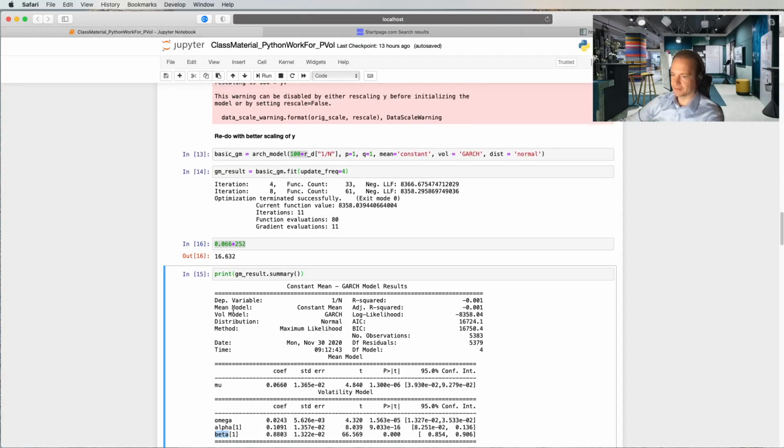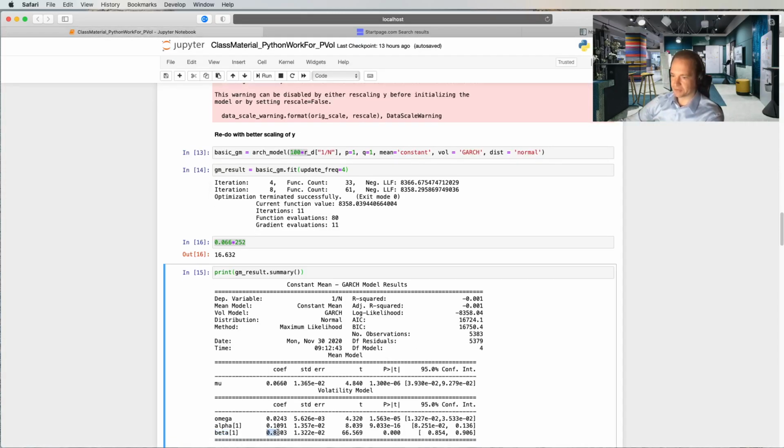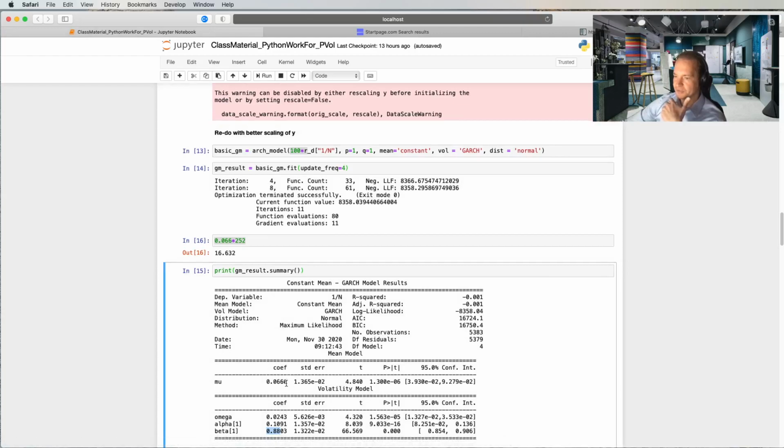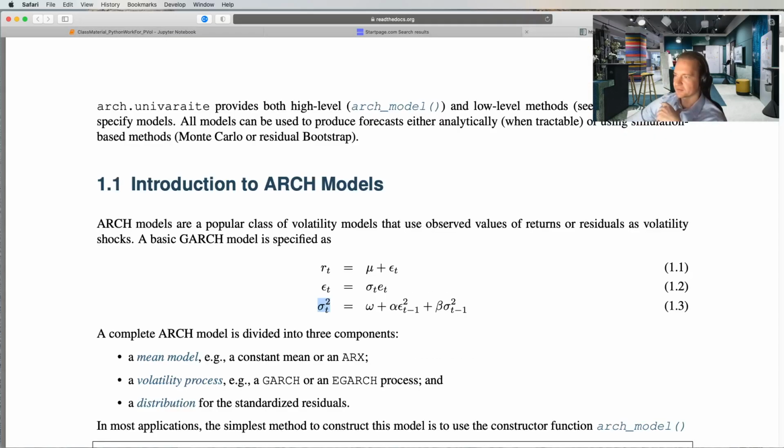So the beta is really large, relatively speaking, 0.88. It shows us a high persistence in past variance. So if past variance was large, today's variance is also large. That's a sign of vol clustering. In addition, the loading on return innovations is 0.1, so 0.1 of the past squared return is also going into the GARCH.